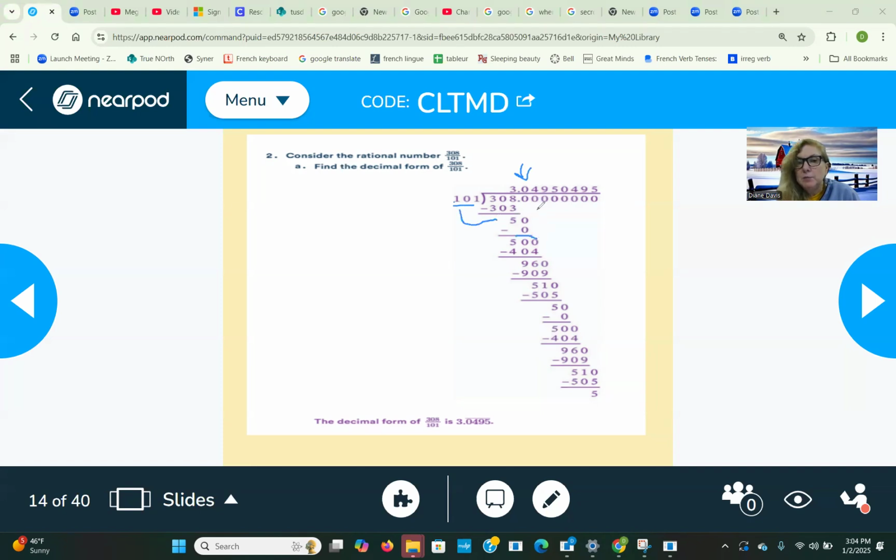Take away, bring down another 0 to give you 500. Well, yes, 101 does go into 500. It'll only go 4 times because you have one more than 100 here, right? So 4 times 101 is 404. Then you subtract, you get 96, you bring down a 0.